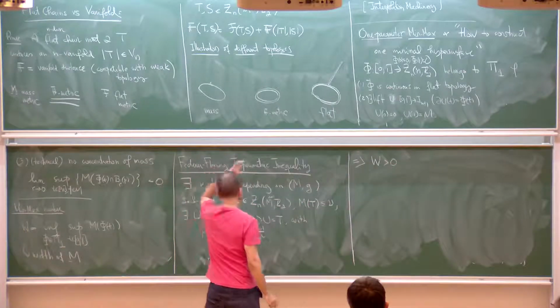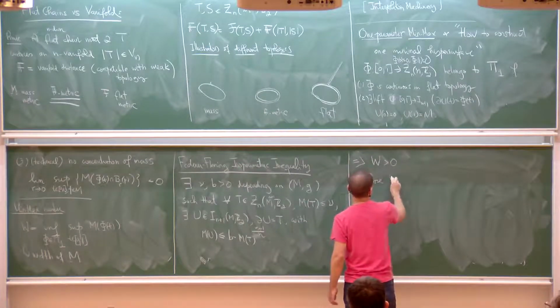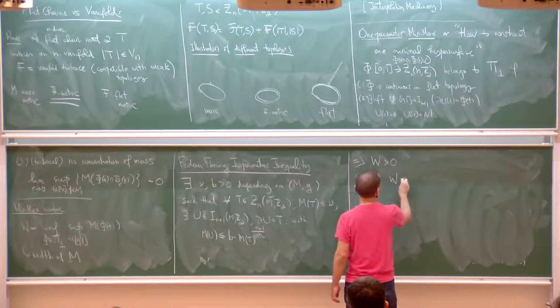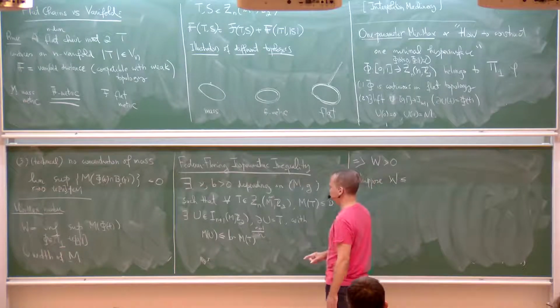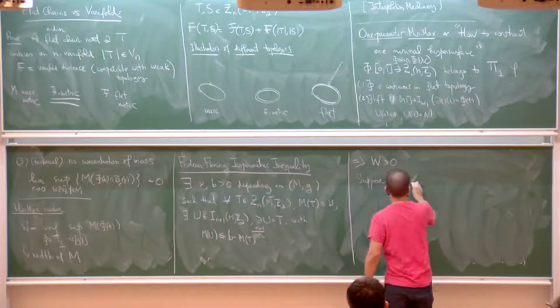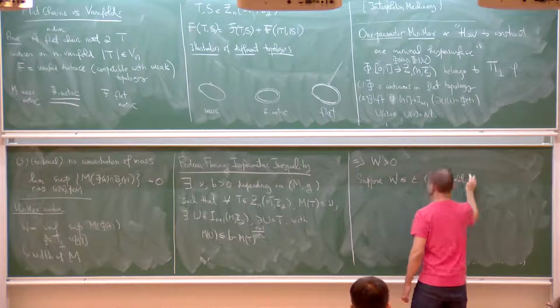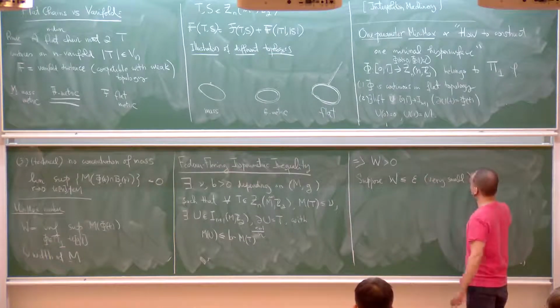And the reason is the following. Suppose that this number is very small. Suppose this number is smaller than epsilon, where epsilon is very small. I'm going to get a contradiction.